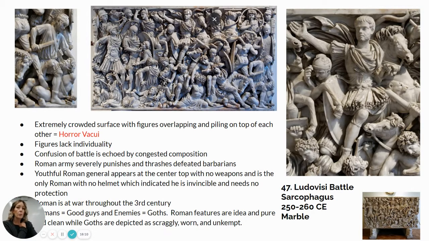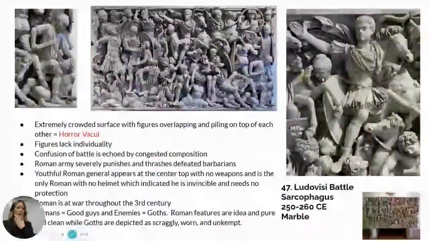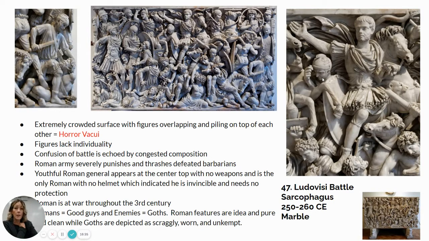So if you look at your Romans, you can totally point them out in this horror vacui composition. The Romans look very young. They're very clean faced, with smooth skin and very similar facial features. They all have clean shaven faces. Those are your Romans. And then when you look closely at your barbarians, all of them are extremely shaggy.